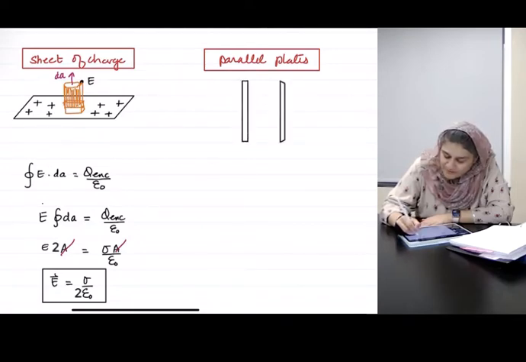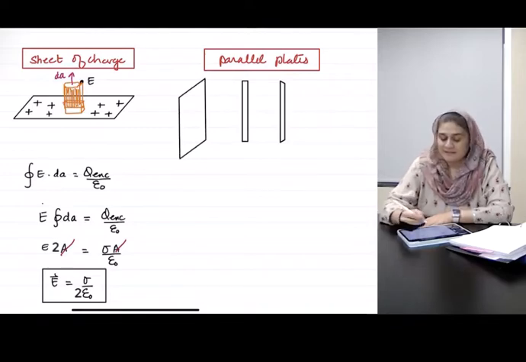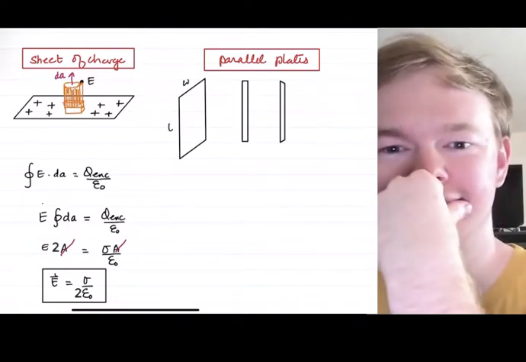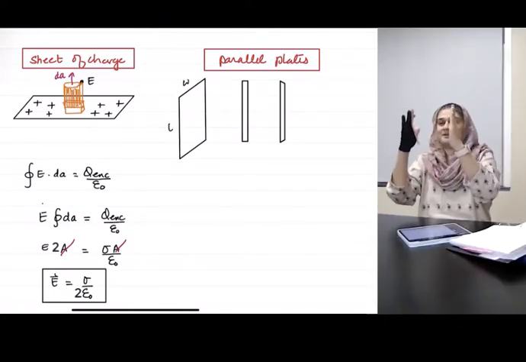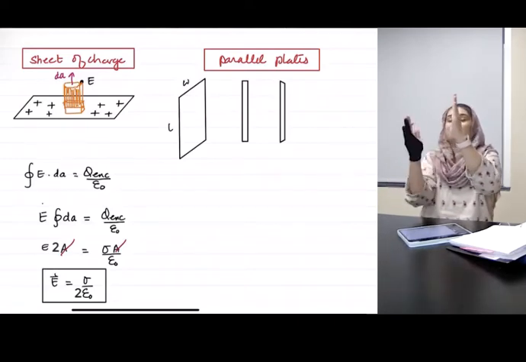Imagine these sheets are like this: this is the length, this is the width, but we're looking at the thickness of them, just this lateral view. I want to make sure that we understand that. It's like these two views, and I want to show you the E field in the middle.